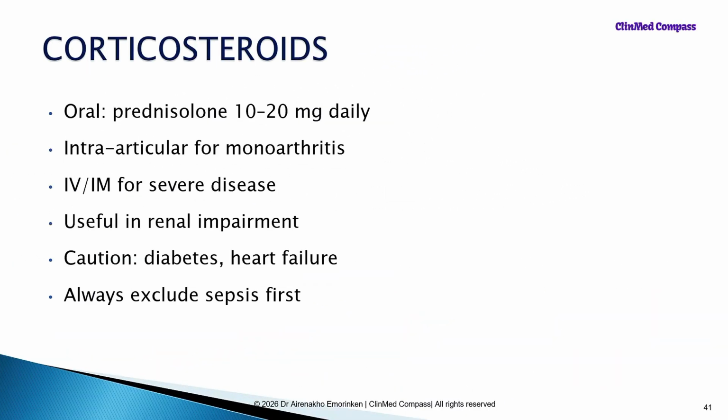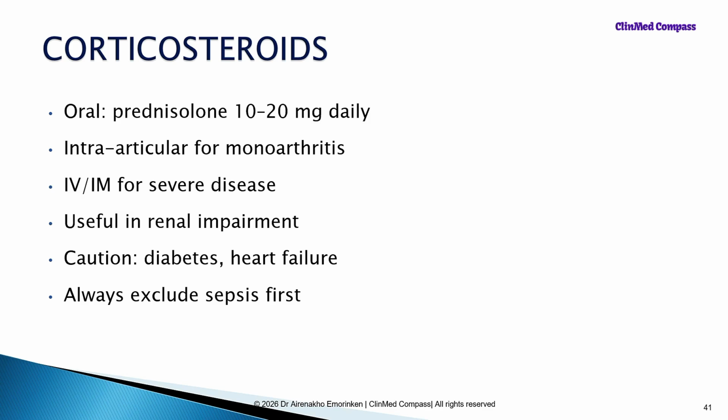Corticosteroids are versatile for acute gout. Oral prednisolone, around 10 to 20 milligrams daily, is effective for polyarticular attacks. Intra-articular injection is ideal for monoarthritis after infection is excluded. Intravenous or intramuscular routes suit severe or systemic presentations.